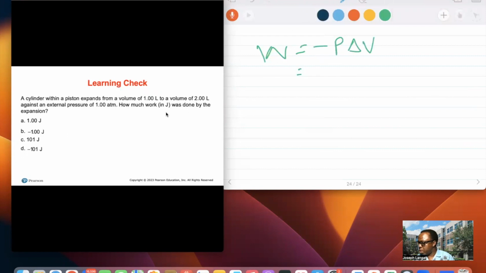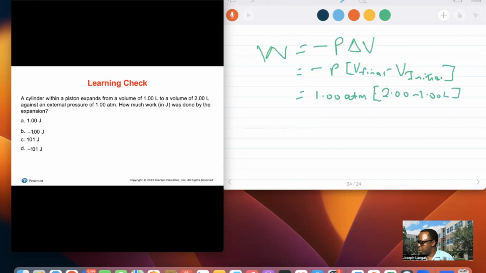So here, work equals negative P times V final minus V initial. This will be 1.00 atm times 2.00 minus 1.00 liters.